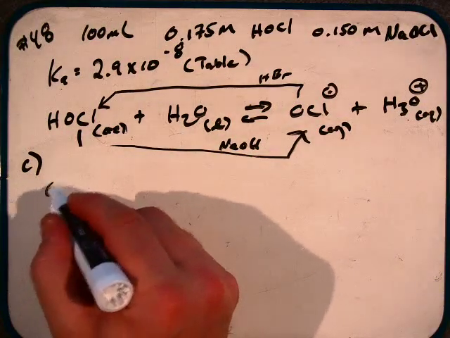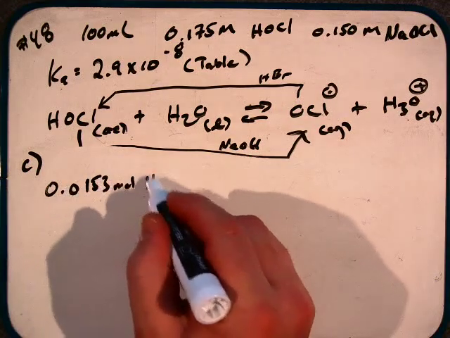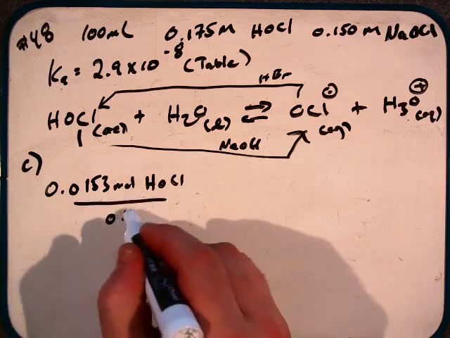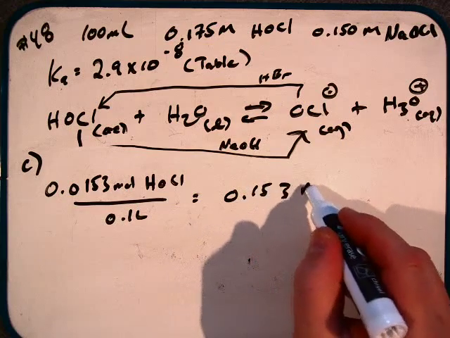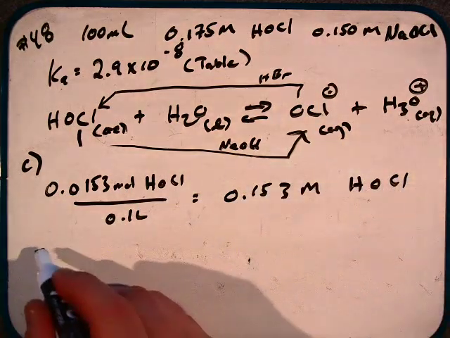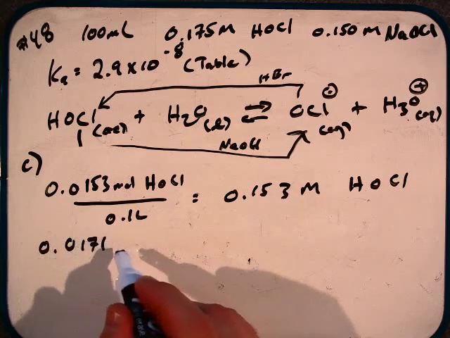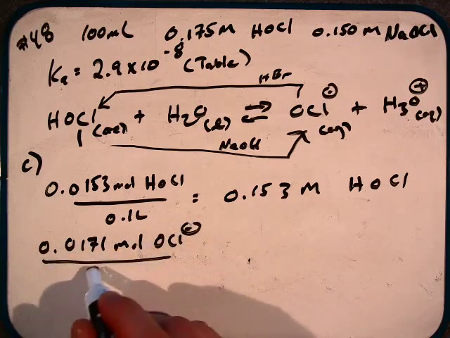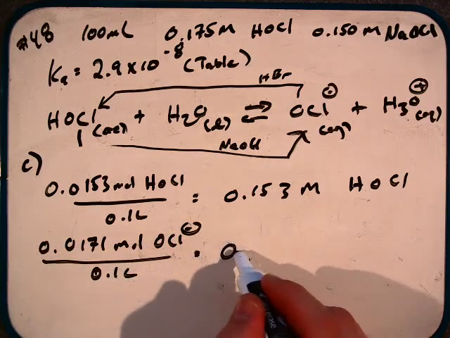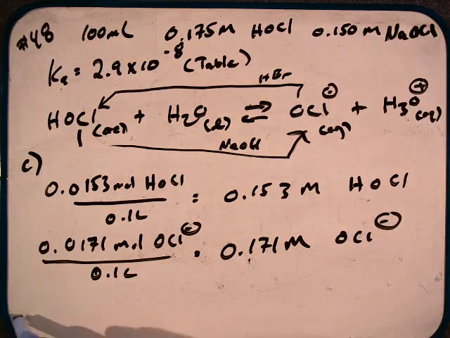We had that 0.0153 moles of the HOCl, and we convert that then into our molarity. We want to do the same thing for our OCl⁻. And so now we can solve for, again, the pH using the Henderson-Hasselbalch.